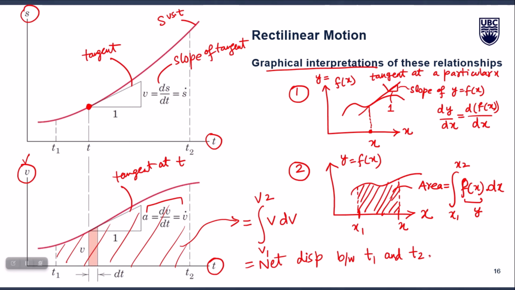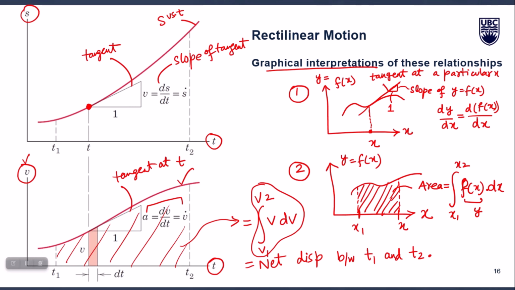So you can also determine displacement graphically if the V versus T graph is given, right? Obviously, in order to evaluate this integral, you may require the equation of this red line, right?